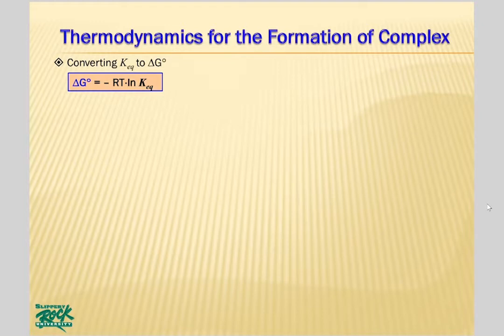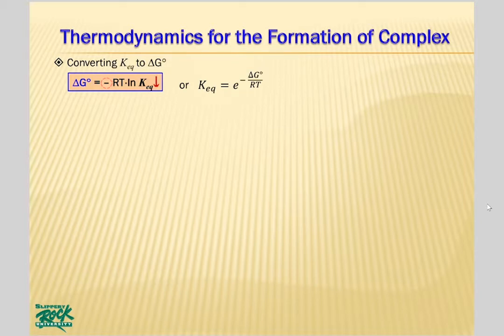Delta G naught equals negative RT times log KEQ. The equation can be modified with respect to KEQ, which is KEQ equals e to the negative delta G naught over RT. Take note of the negative sign in front of the log.